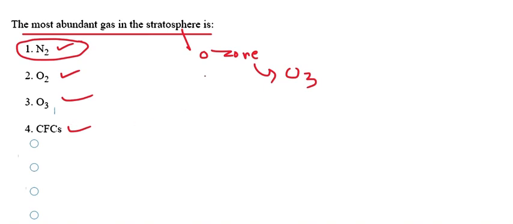There are some reactions related with the ozone layer, but I will not go into that detail because the ozone layer itself is a concept, and every year we get one question from the ozone layer too. So I will try to make one more video related with the ozone layer, and one more video related with the atmospheric layers.